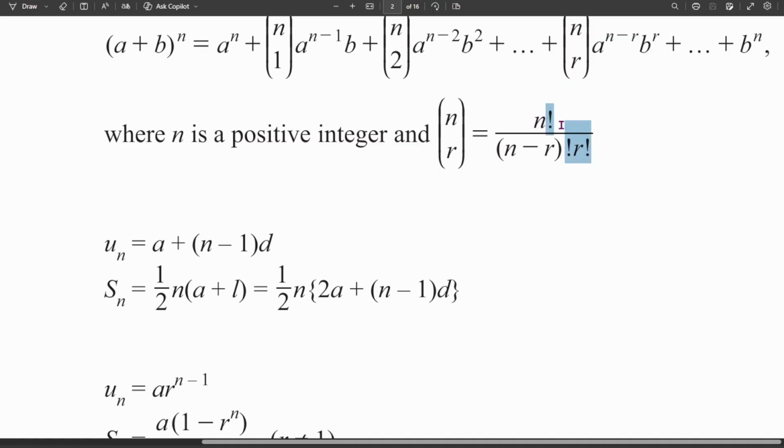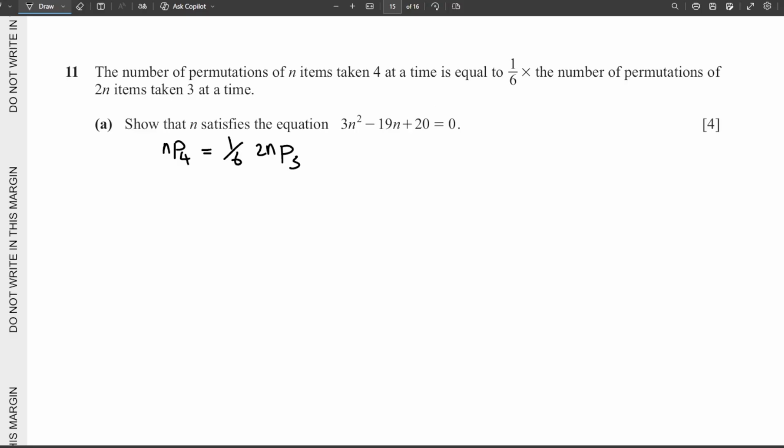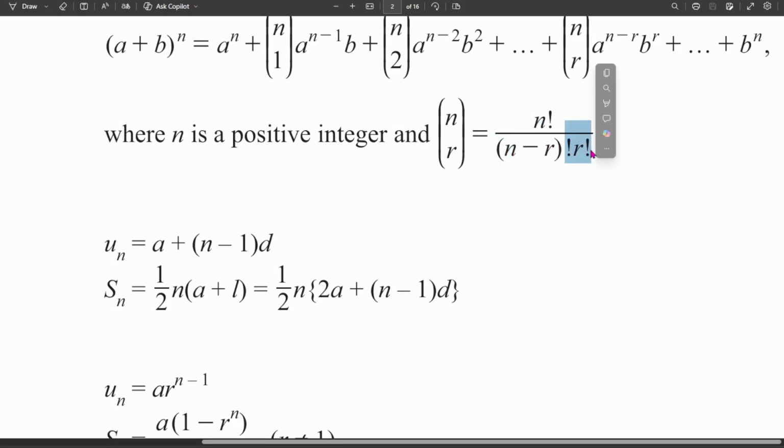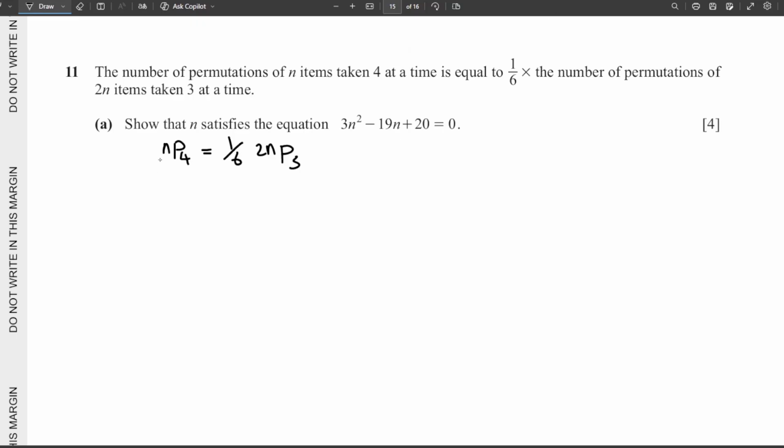So for permutation, nPr will be n factorial over n minus r factorial. That's the trick in the formula sheet here. So you can refer to the combination one, just remove the r factorial. So nP4 will be n factorial divided by n minus 4 factorial.